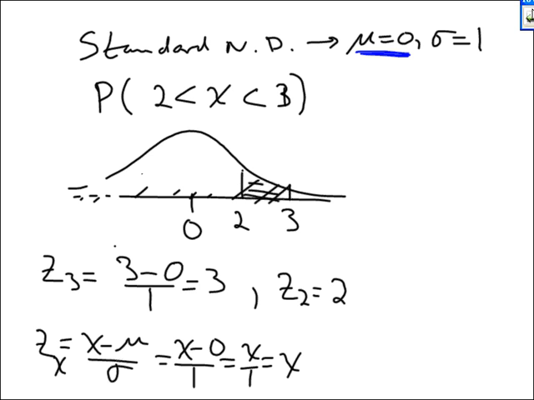The z-score at 3 is 3.00, so I look up 3.0 in the left column of this positive table, then go over to 0.00, and what I get is 0.9987. When I look up 2.00, I get 0.9772.